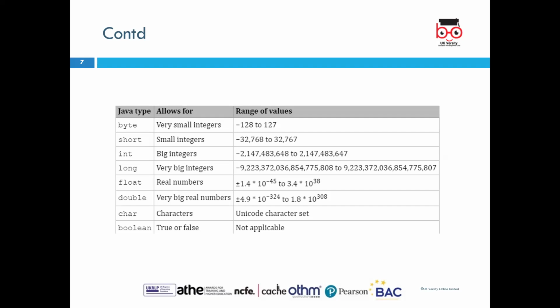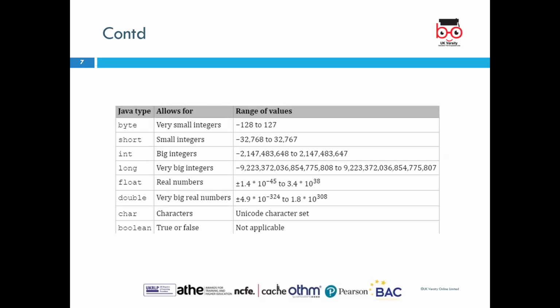Byte, which is a very small integer, just goes through this range of values. Short is again a small integer, and then we have int, which is a big integer.